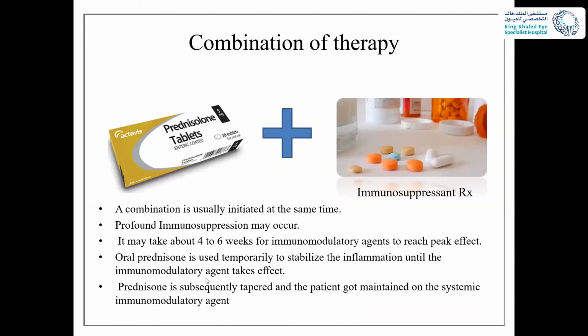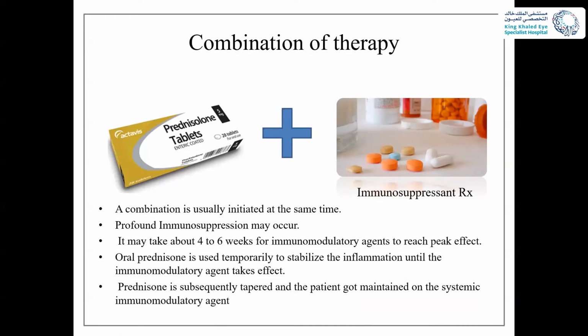We can combine therapy. Steroids have the advantage of massive suppression of all of the immune system in the early phase of inflammation, and then they have to be weaned off quickly and replaced with the immunosuppressant, another immunomodulator that has to be started at the same time. It may take up to 4 to 6 weeks for the immunomodulator to reach the peak effect.